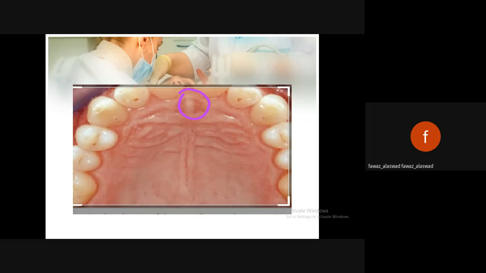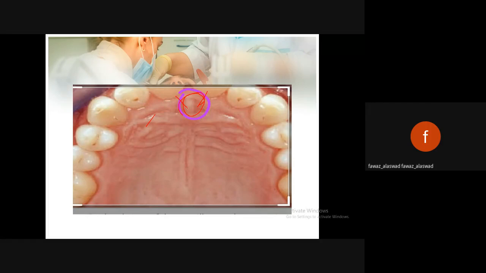Here, the tissue is homogeneous, pale pink in color, and firm on palpation. This structure is called the incisive papilla, which is a protrusion of soft tissue lingual to the maxillary central incisors, and it may appear red compared to the surrounding area.